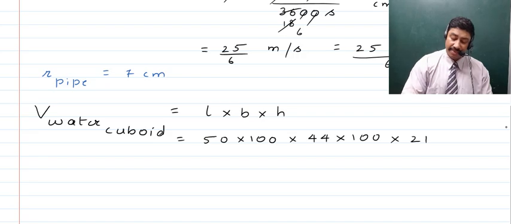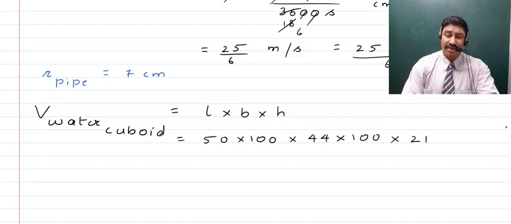So this, children, will become the volume of the water which has accumulated when 21 centimeter is the rise in the level of water. Okay, now we've got to find out the time in which all of this happened.